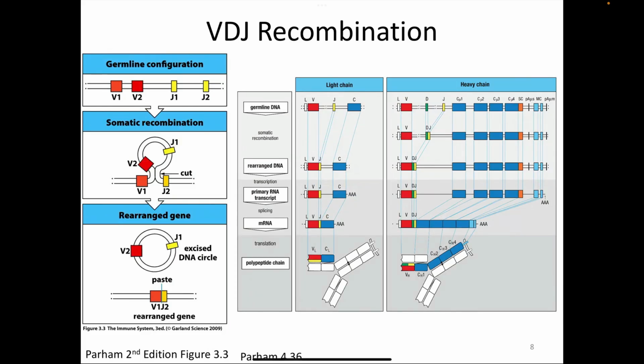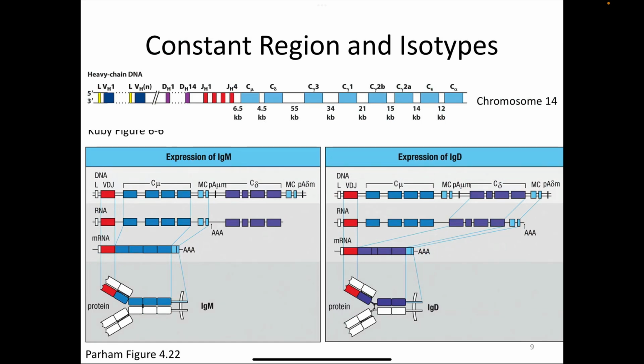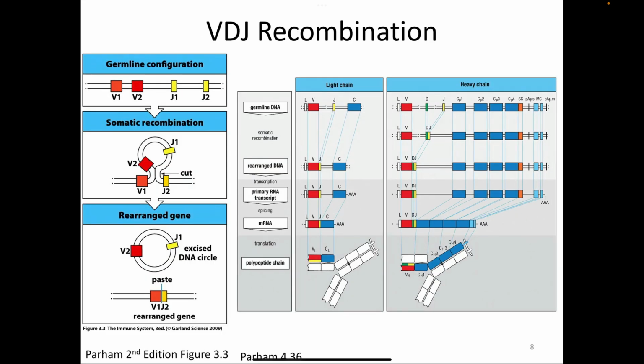So we need to talk again about some more details of VDJ recombination. A couple of pieces that I want to briefly tell you about are related to thinking about VDJ recombination.